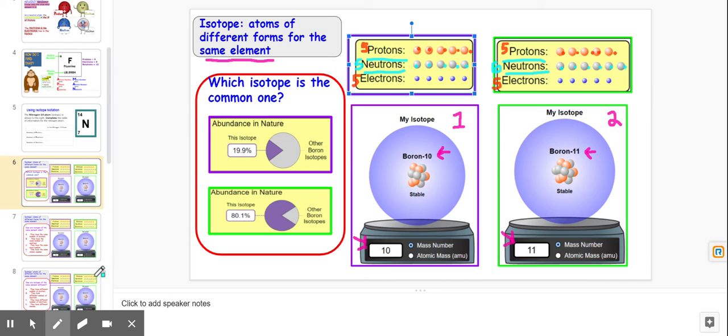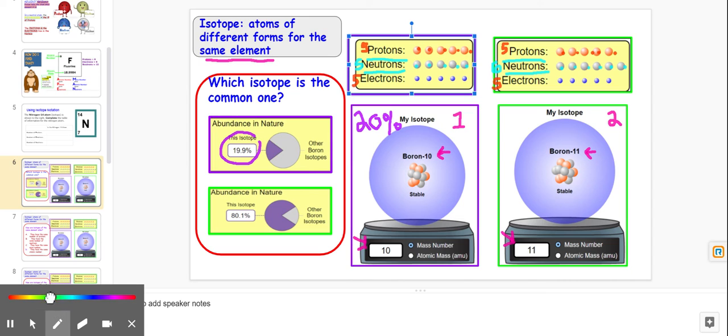I would find that 20% are boron 10, but 80% are boron 11.